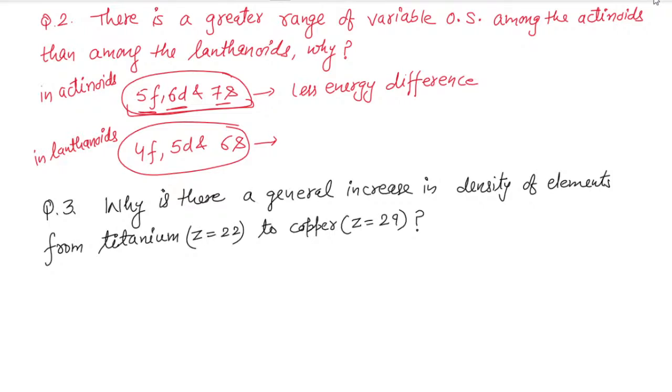Why is it so? Yes, tell me. So, as we go along the period, see, this is the series titanium to copper, in the same period. Along the series, there is generally a decrease in atomic radii as well as atomic volume.